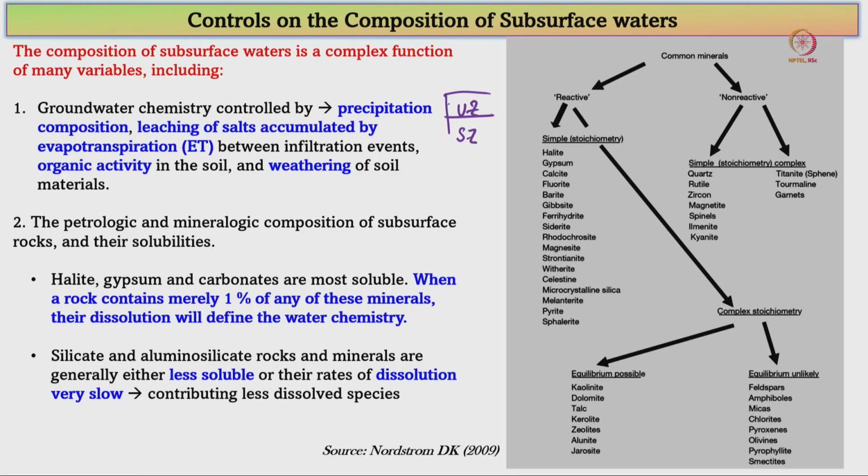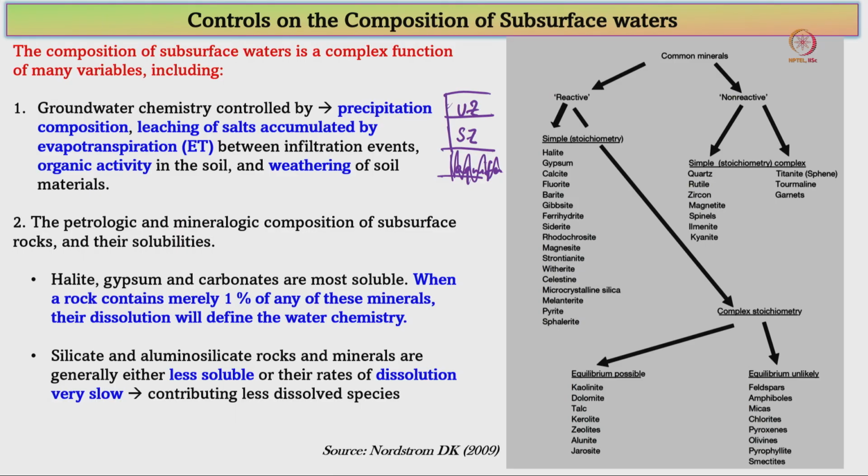In the unsaturated zone the water is dispersed, but in the saturated zone most of the pore spaces are completely saturated. Below the saturated zone you have the aquifer, where basically the water is flowing.